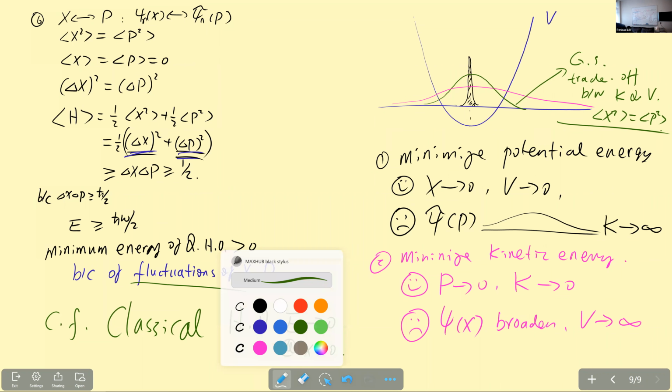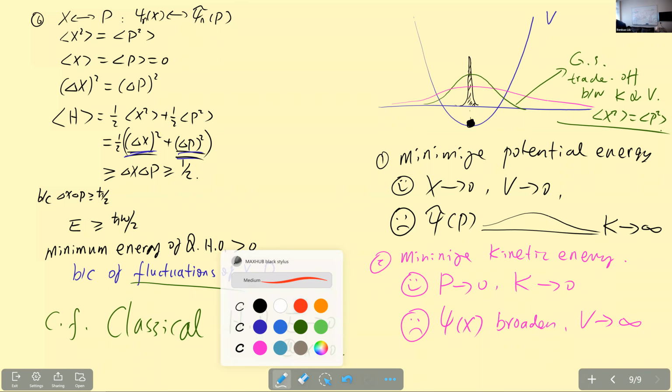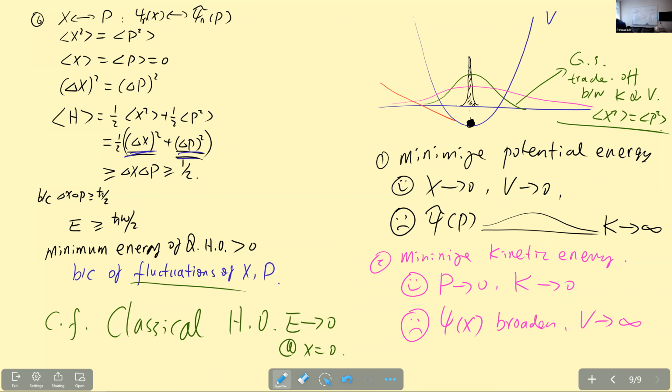If I have classical mechanics, we just have a particle right here, with x equals 0 and p equals 0. So this energy equals 0, right?